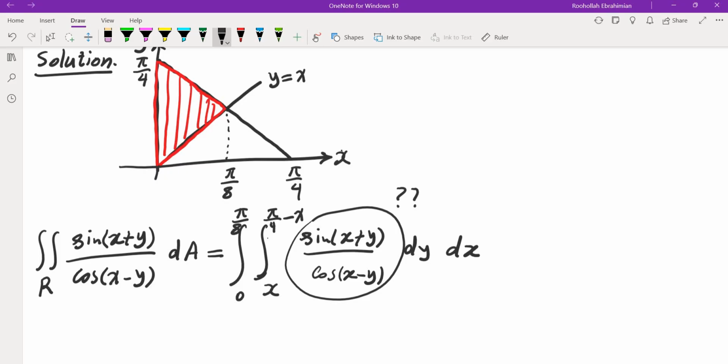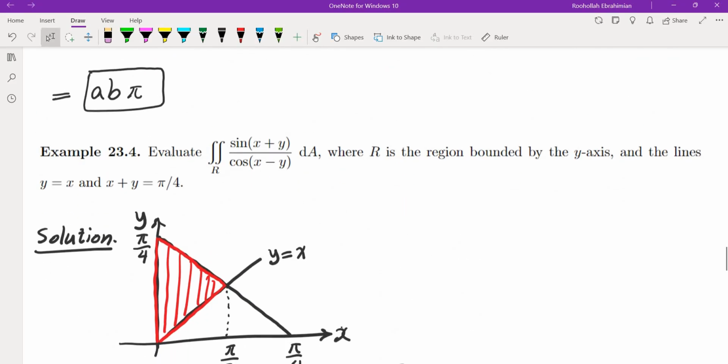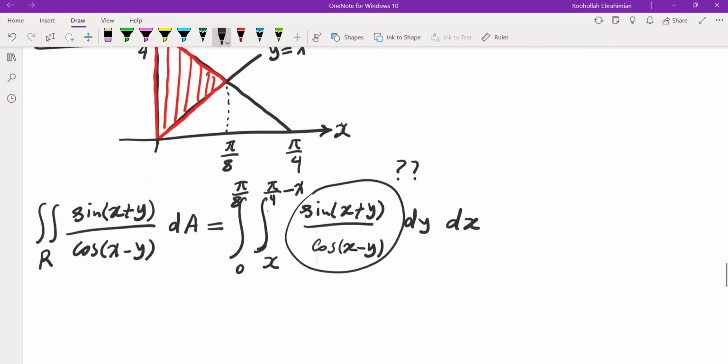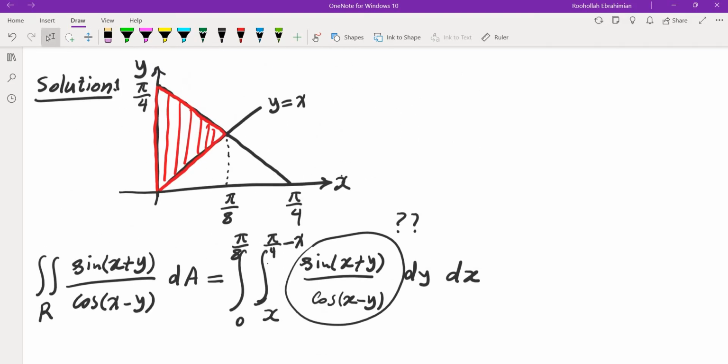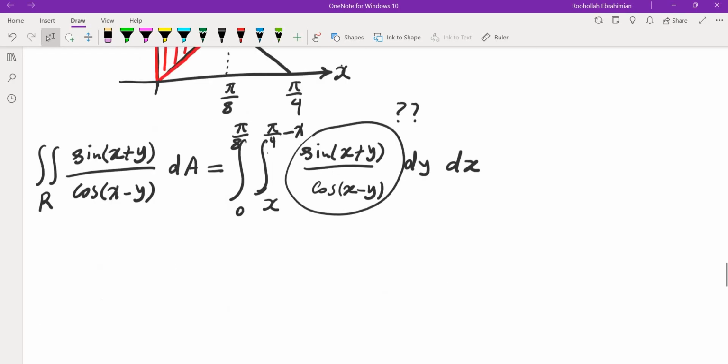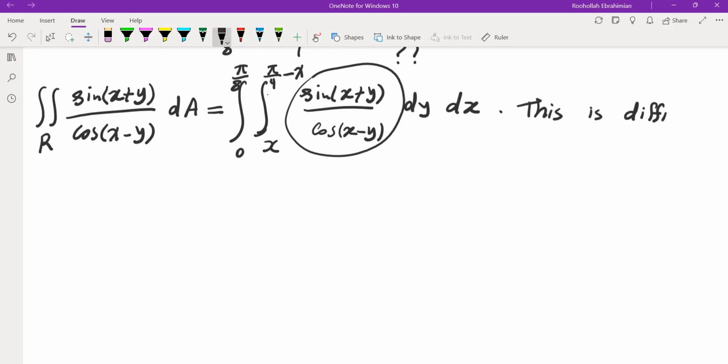In other words, we're going to choose a change of variable that makes a change in x plus y and x minus y. Now, the benefit of that is that it also changes one of the boundaries to u equals pi over 4. So this may not work. So this is solution number 1, which is difficult to integrate. Okay, so because of that, we will try something else.